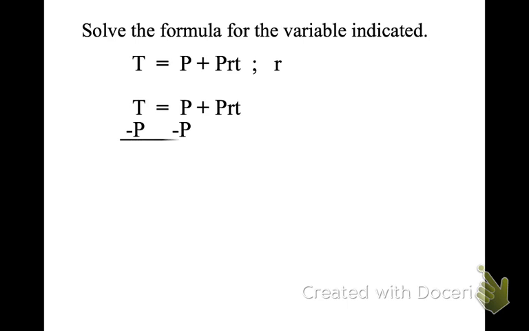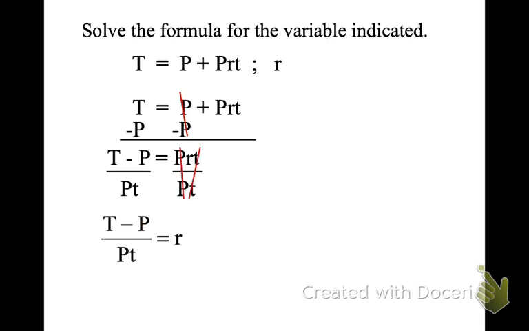Now what would I do, Fatima? Yep, we are dividing both sides by p and t. Now, whatever you do, don't try and simplify at this point, because you don't have the skills to simplify.